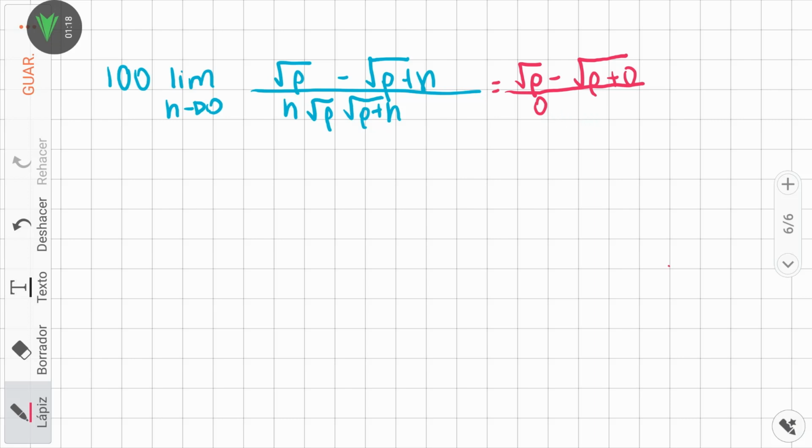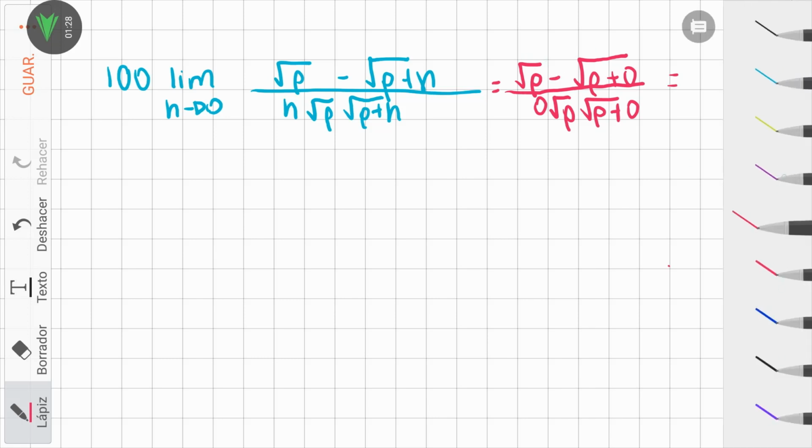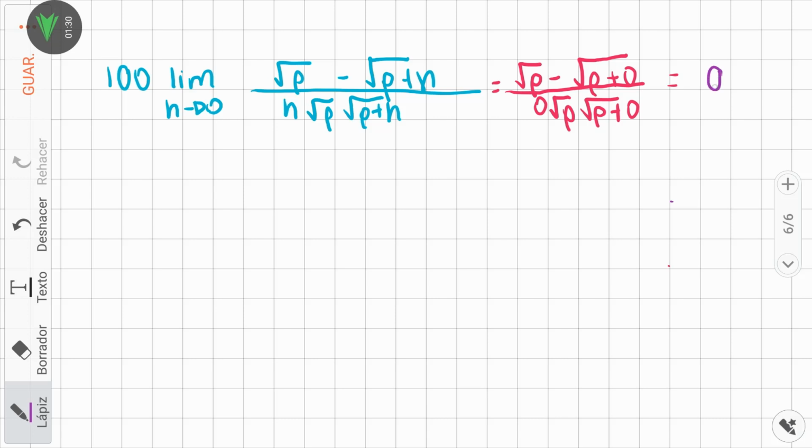The square root of p minus the square root of p is 0, and 0 over 0 is undefined.